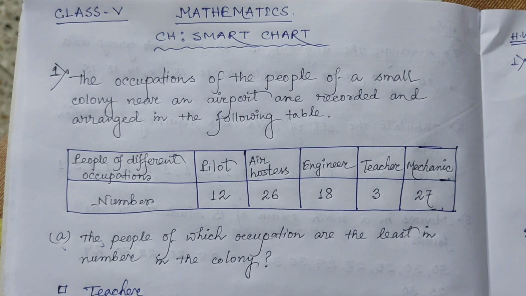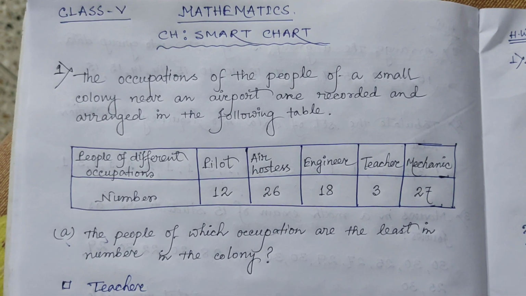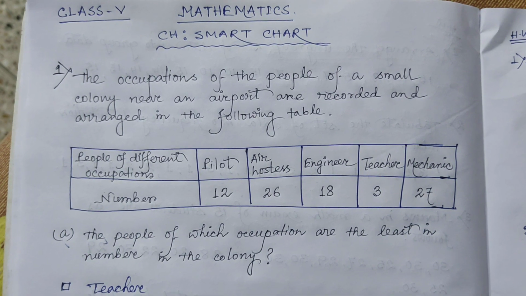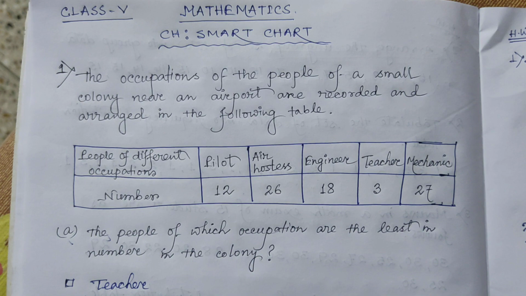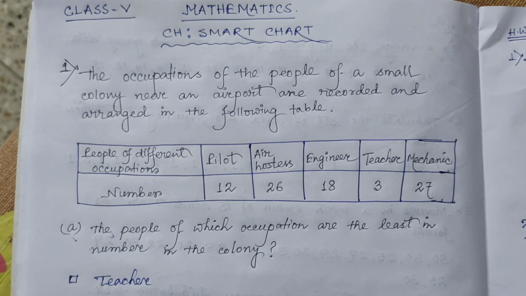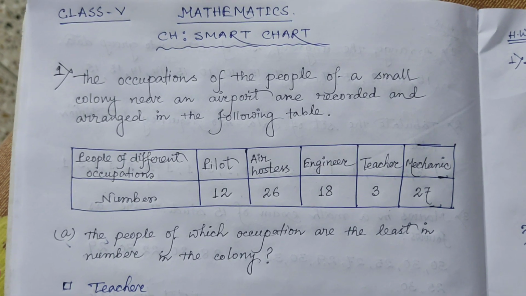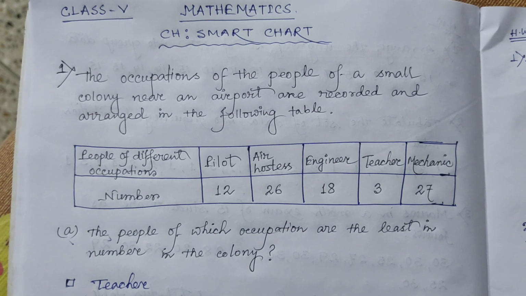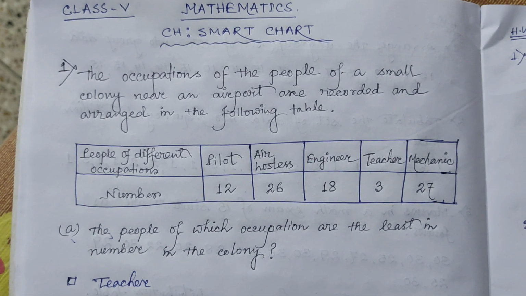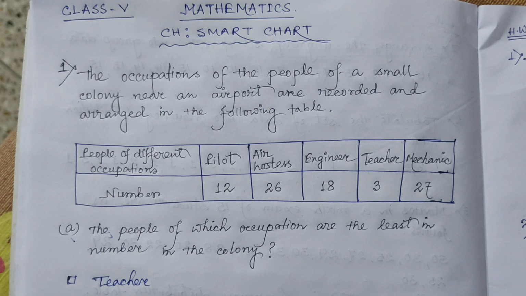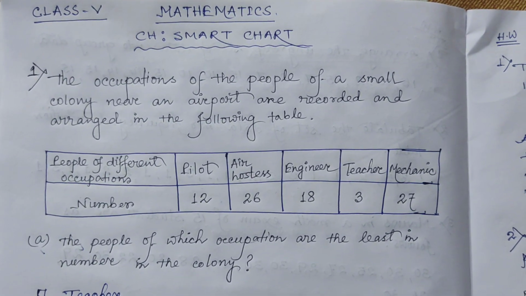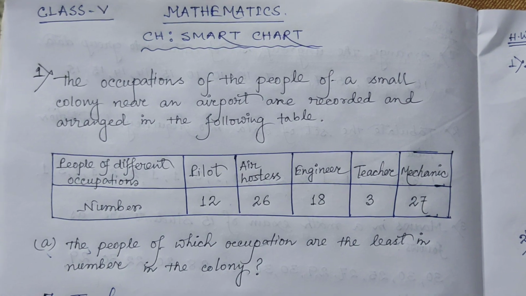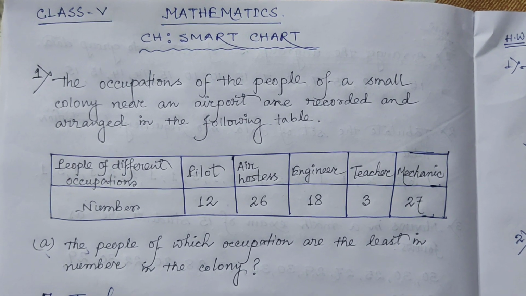We have to solve the questions with the help of tables. And in the second case, some information will be given and you have to form a table according to the given information. Okay?